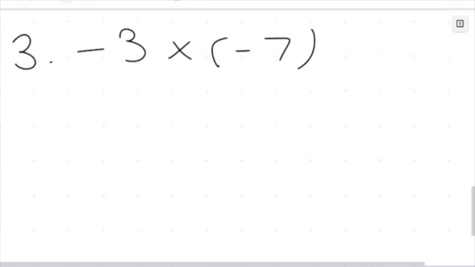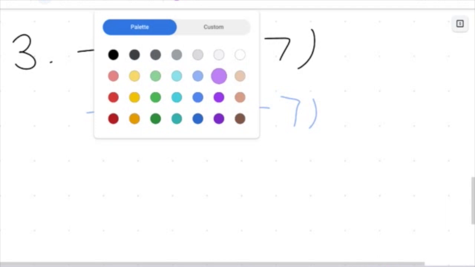So let me make this a little bit easier for us to work with. Because this negative 3 times negative 7, we said in the last example, we can think of this as negative 3 lots of negative 7. Let me make these a little neater. Let's use some different brackets.